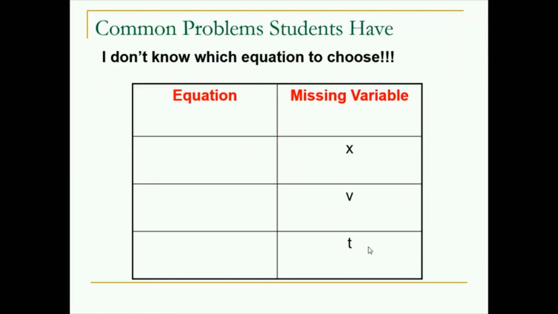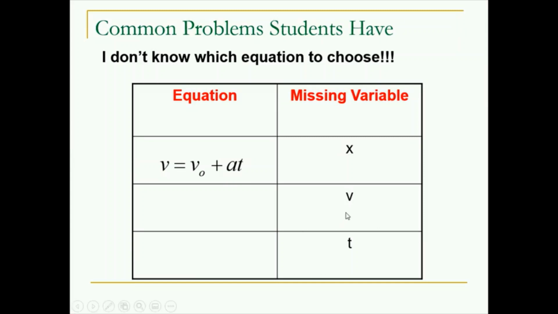All right, so how do I know which equations to use? This is a common thing people have issues with. So I put missing variables, which may be the things that you don't have. If you don't have displacement, you need an equation that doesn't have displacement in it, so you're probably going to use velocity final equals velocity initial plus acceleration times time.